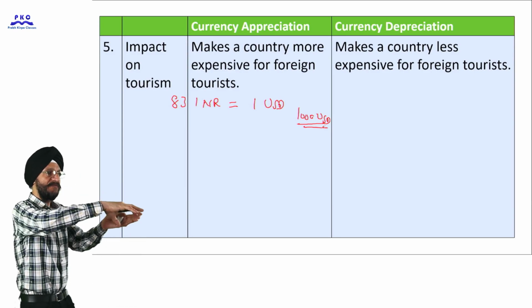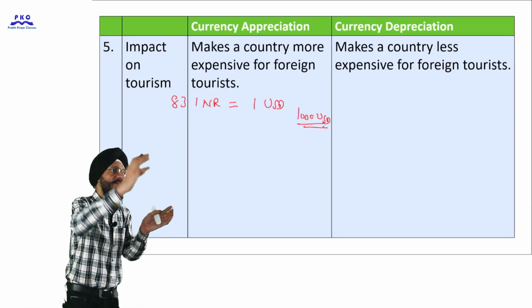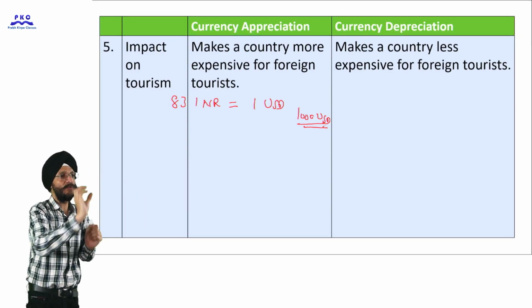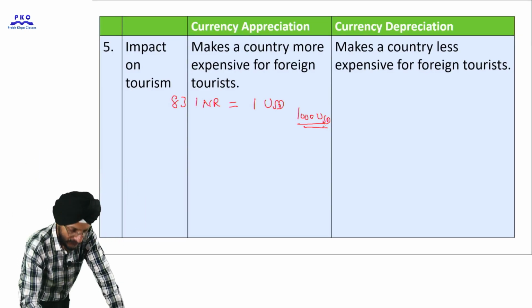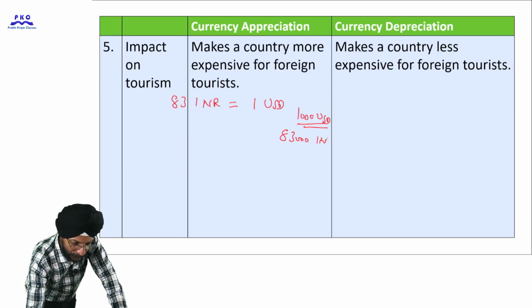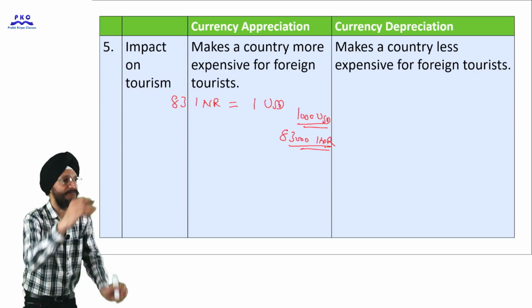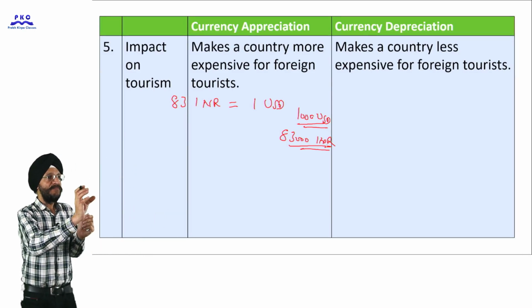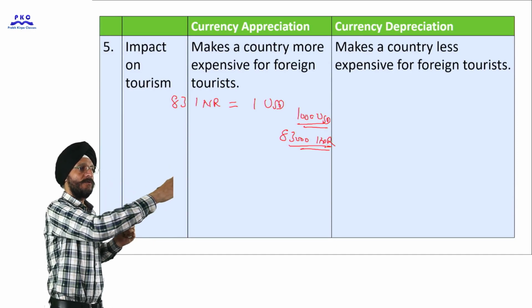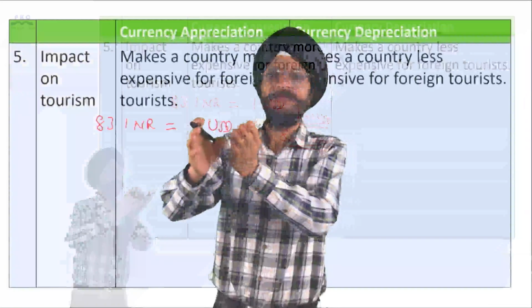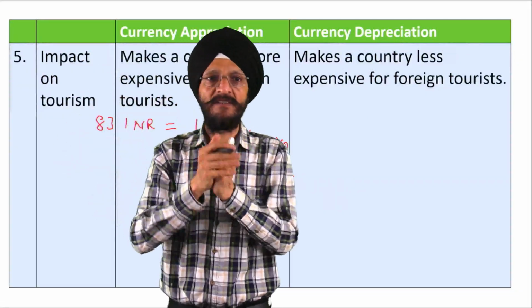A US citizen visiting India will get 83,000 Indian rupees in return for 1000 US dollars, and he will spend the 83,000 on hotel charges, transportation, food, buying goods, etc.